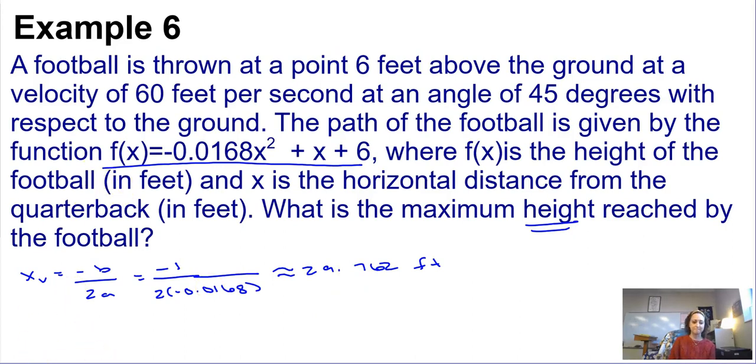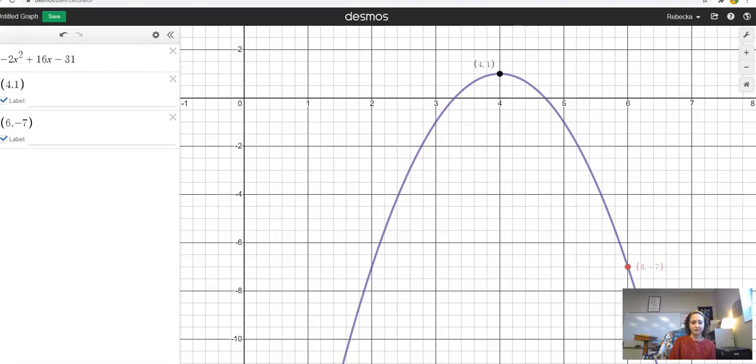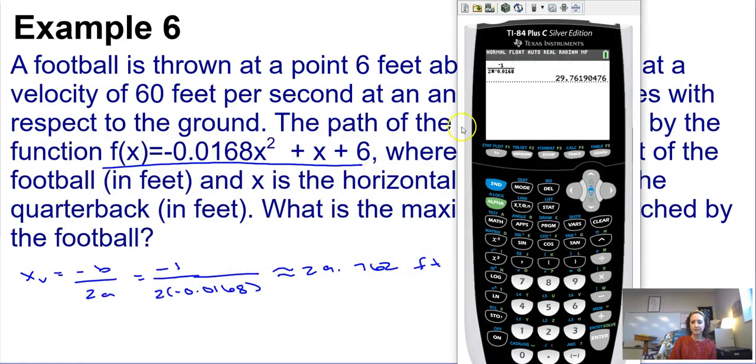So I want to plug this 29.762 into my function, which you can do straight into the calculator. You can also do it a little bit faster on a calculator or Desmos. I've got the function plugged into y1 already, or in Desmos you can just call it f of x. And then I want to find f of my answer, right? In our case, I plugged it into y1. So if you go to your home screen and go alpha trace, it's going to give you all your functions there.